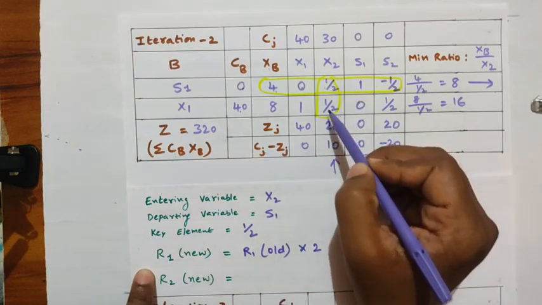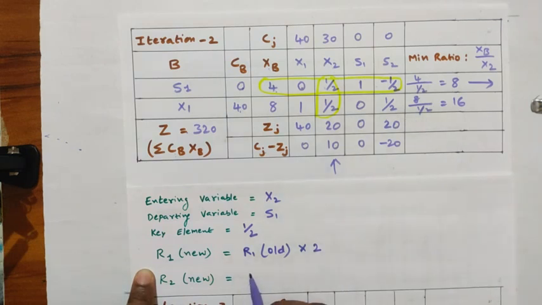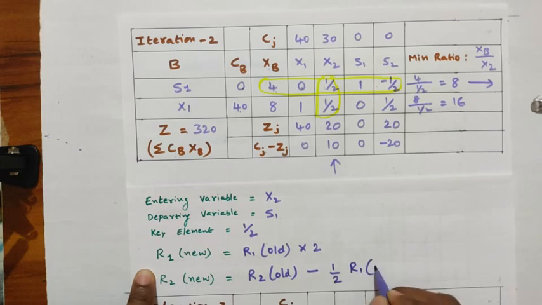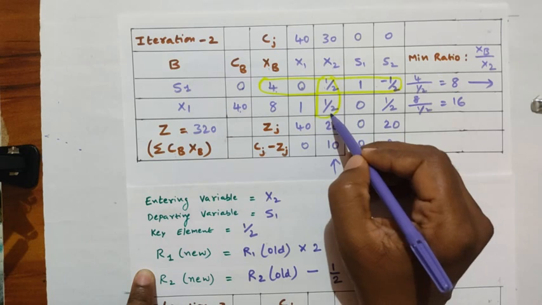Similarly, here I want 1, and here I want 0. To get 0, I can write R2 new is equal to R2 old. R2 old value is half. Half minus half into R1 new. R1 new I have already made 1. So half minus half into 1, half minus half, I will get 0 here.